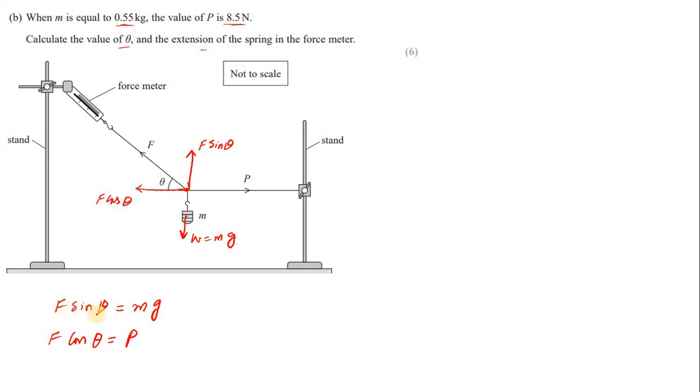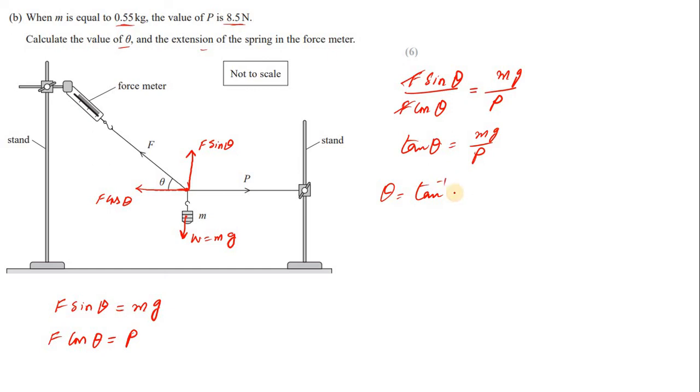If you divide F sine theta by F cos theta, I'm doing an additional step for you, F sine theta divided by F cos theta is equal to mg divided by P. Clearly F gets cancelled, so sine theta upon cos theta becomes tangent theta, and mg upon P. Clearly you can find theta by taking tangent inverse of mg upon P.